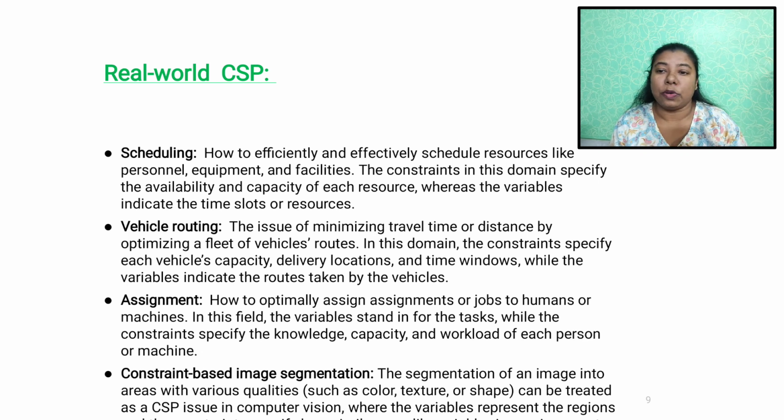Suppose the color, texture, and shape, as we are basically using machine learning or, most of the time, recognition systems, we are using images on a very large scale. So the color, the texture, the shape are treated as the CSP issue in computer vision, and we need to find out how to solve this kind of issue, where the variables represent the regions and the constraints specify how similar or unlike neighboring regions are to one another.